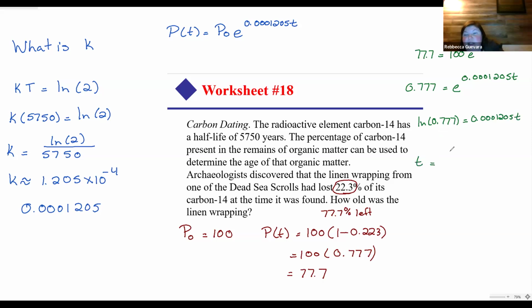So if I want my t, that's just going to be natural log of 0.777. Oh, one mistake here. Because we have a decay rate, that should be a negative out front. Make sure all of these are negative. So we're dividing by negative 0.0001205.